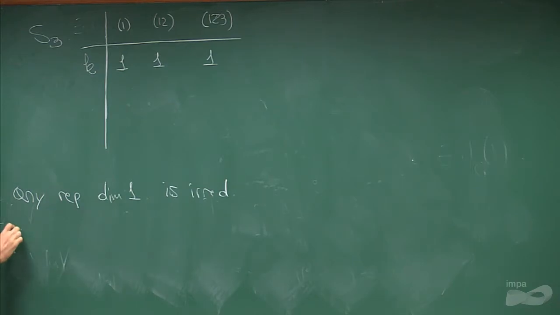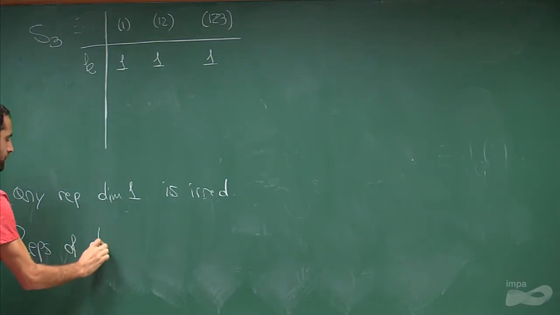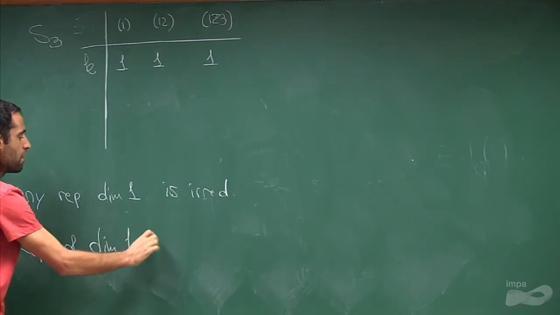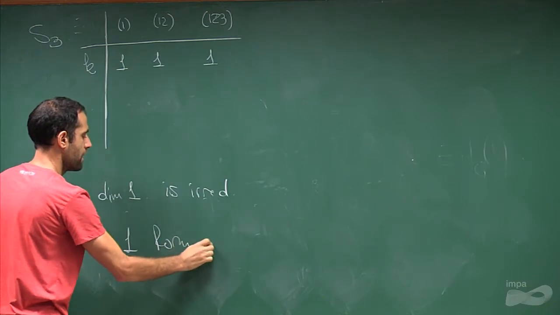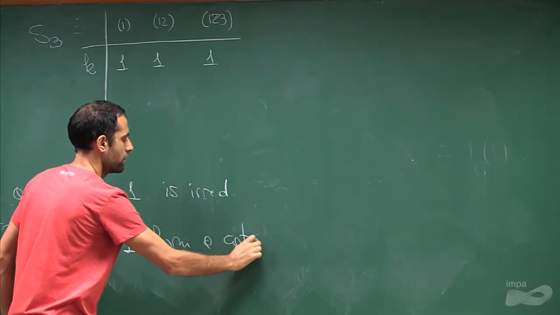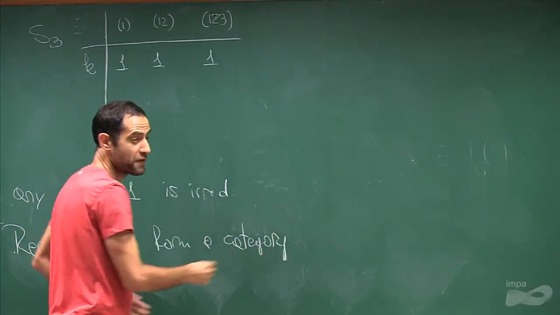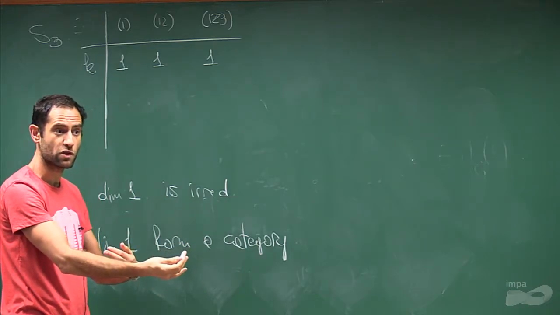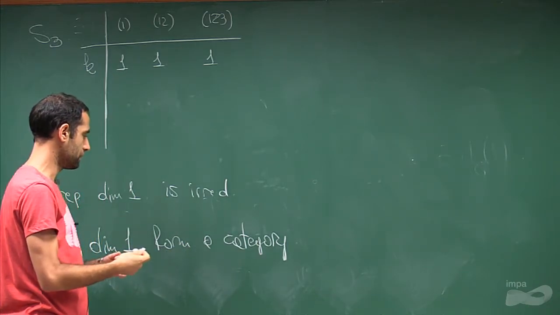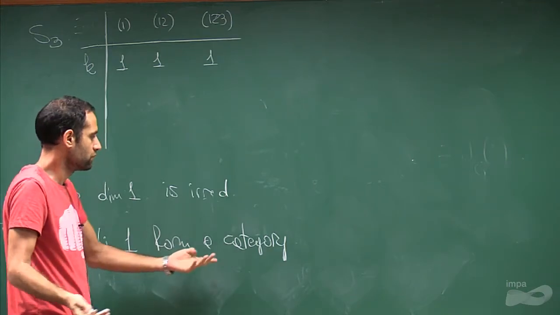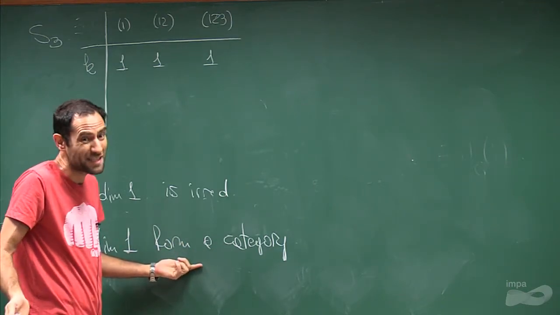Representations of dimension 1 form a category. Morphisms are just morphisms of representations of dimension 1. So this is a subcategory of the category of representations.